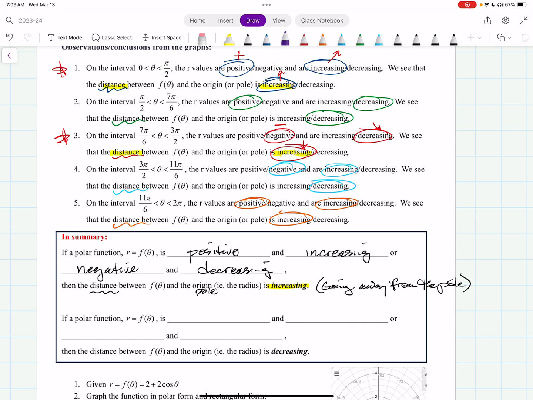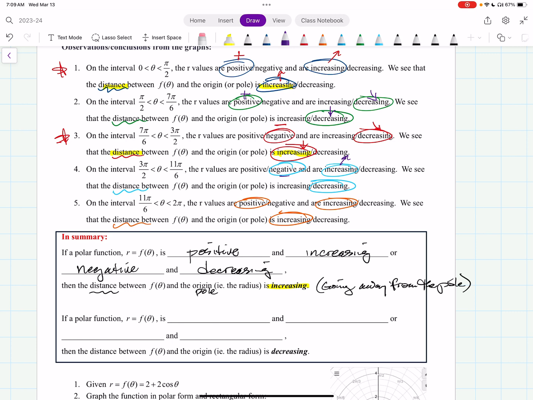On number two, if you're positive and decreasing, the signs are different here. You're getting closer to the pole. The distance is decreasing. If the signs are different, like on number four, if you're negative and increasing, that's different signs.